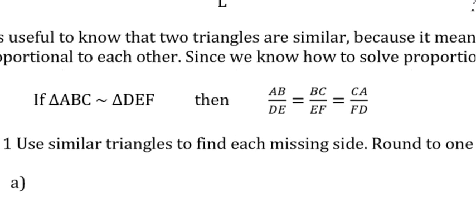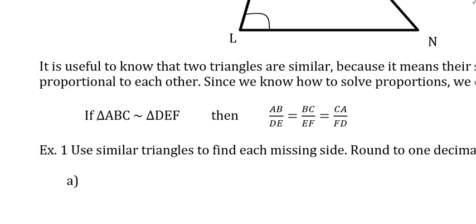Here again, this is a different triangle, let's say. If triangle ABC is similar to triangle DEF, we can write this proportion statement. So take a look. Okay, watch really carefully because this is what you need to know. AB over DE.